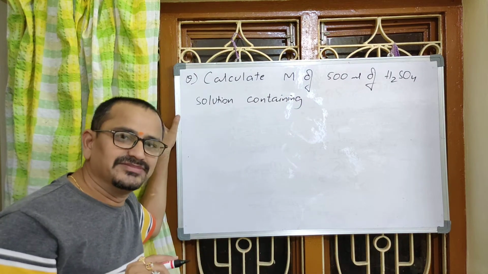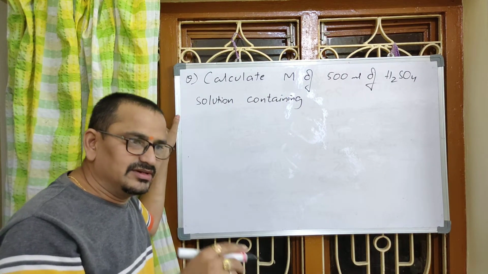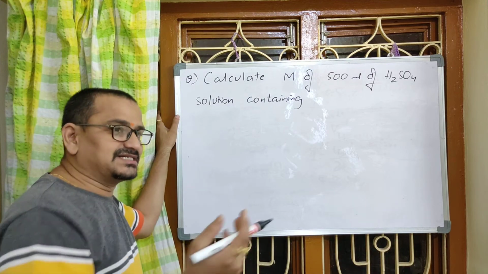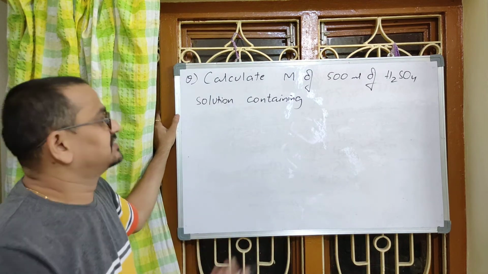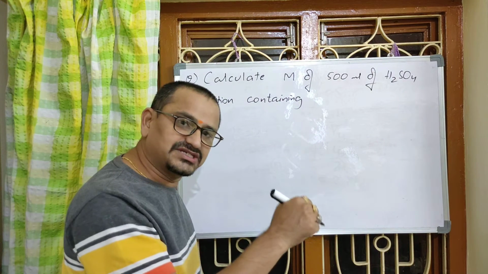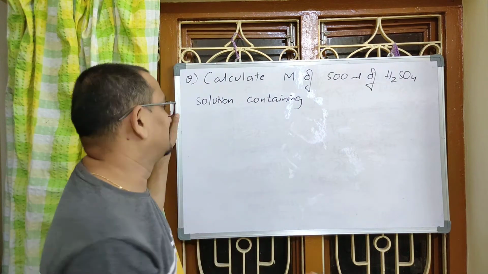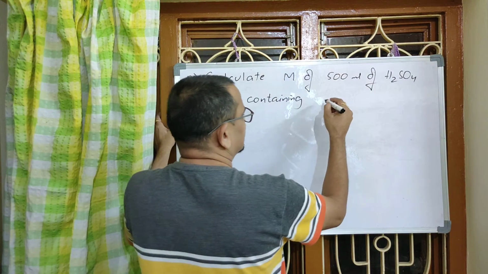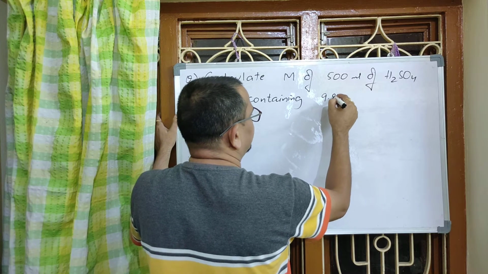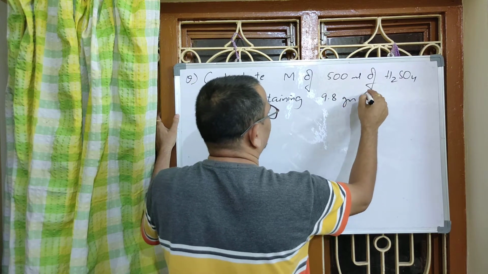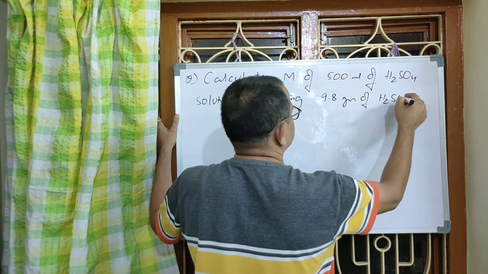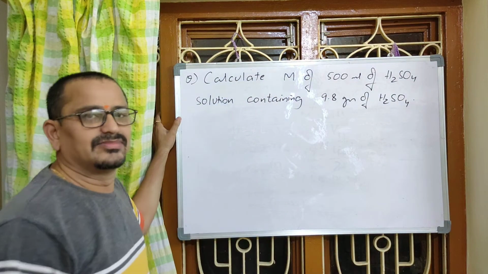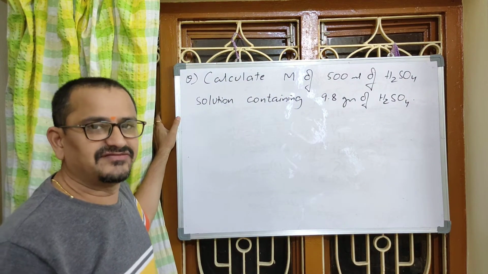What is solute? H2SO4. In a salt solution, salt is solute, water is solvent. In an H2SO4 solution, H2SO4 is solute, water is solvent. Solution containing some 9.8 grams of sulfuric acid. Containing 9.8 grams of sulfuric acid.